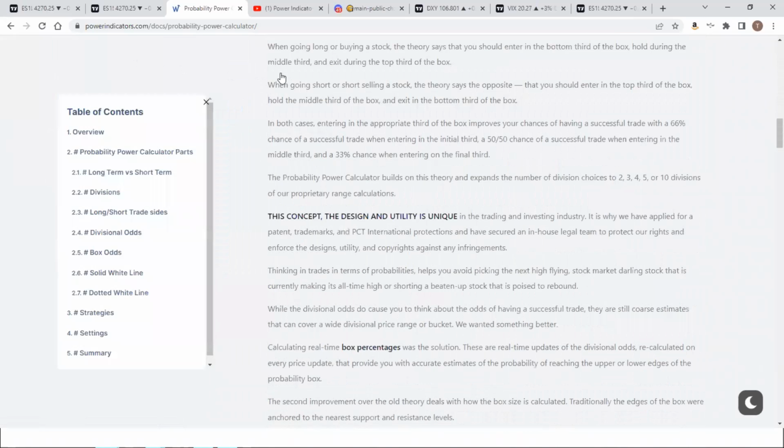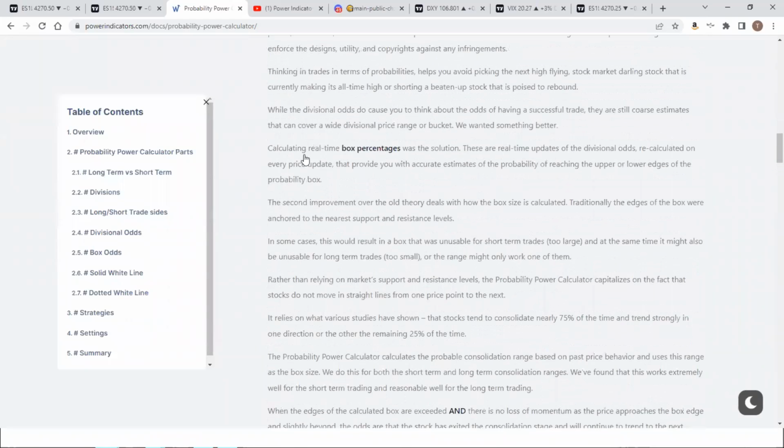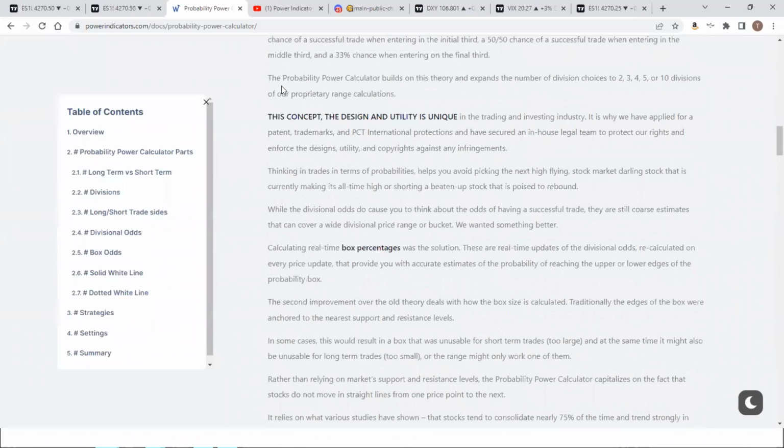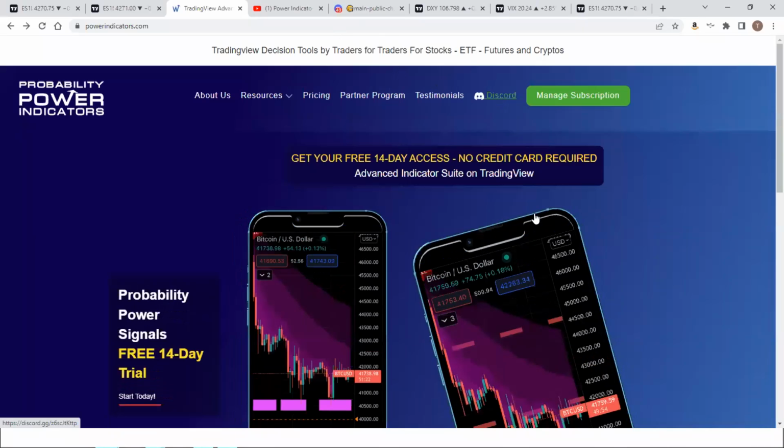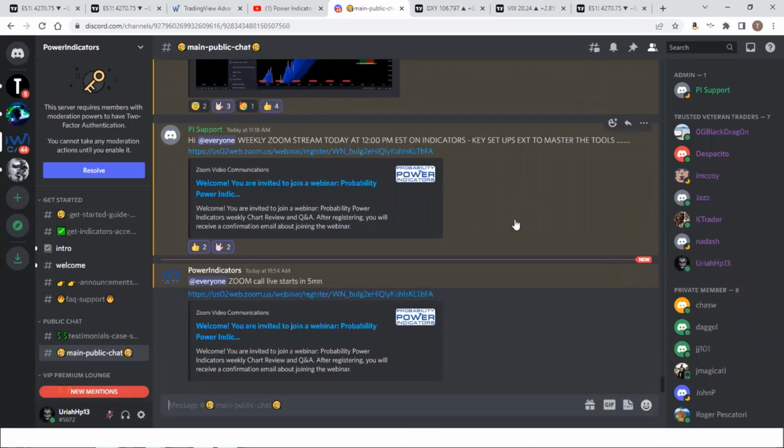And then before I leave the powerindicators.com website, last thing I want to show you, there's also our Discord group. If you are not on our Discord, that's another great resource for information. So here is our Discord group. There's a few different channels that you might find useful. First of all, there's the public chat, where we discuss a lot of things, the tone for the day. Mark will occasionally post his analysis on here.